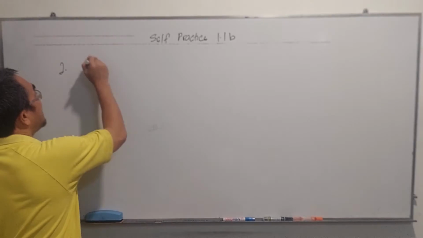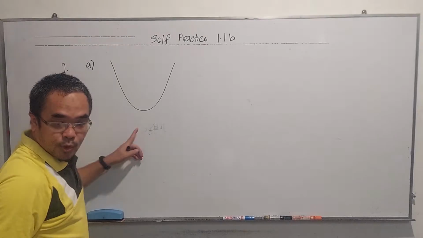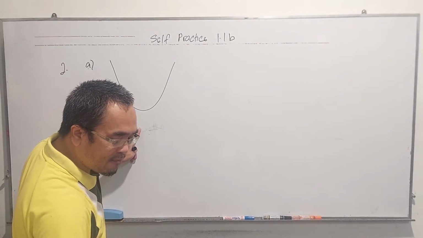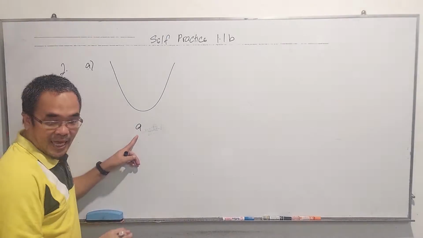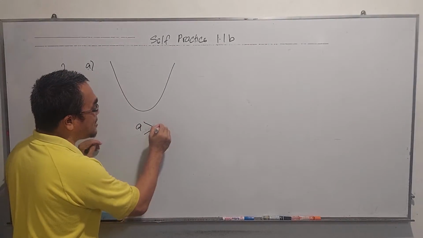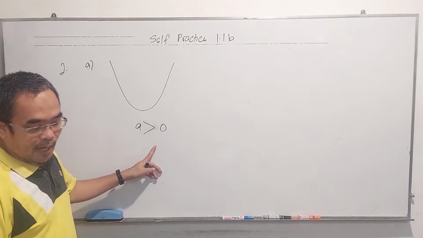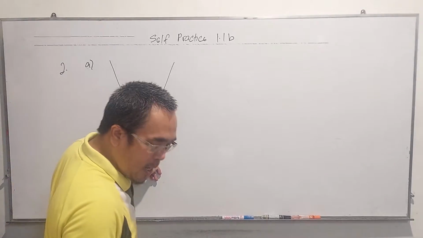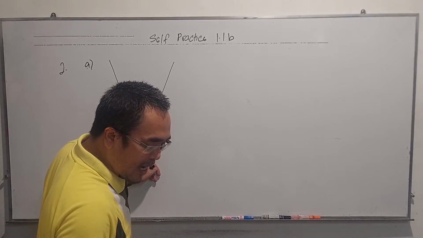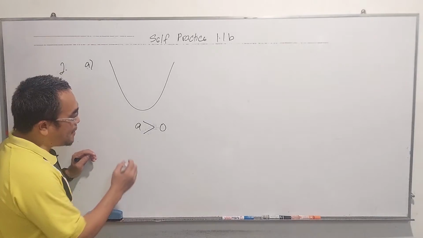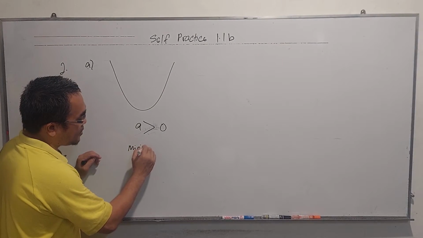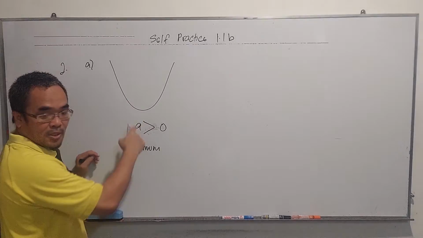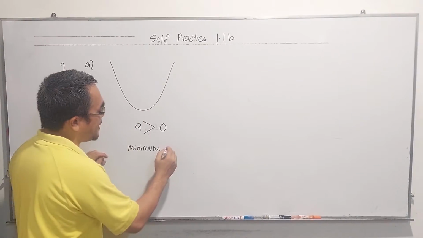So for A, the shape is U. So what do you think is the range of value of A? So range of A means A is more than 0, and the graph has a minimum point. So this shape, the U shape, is called minimum point.